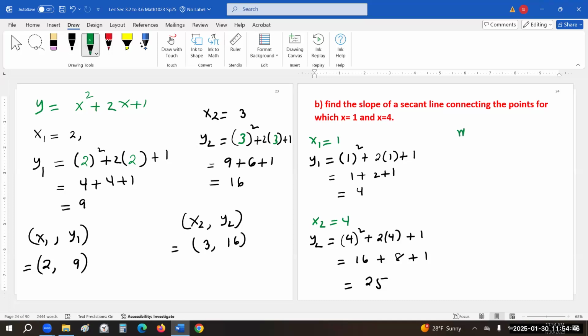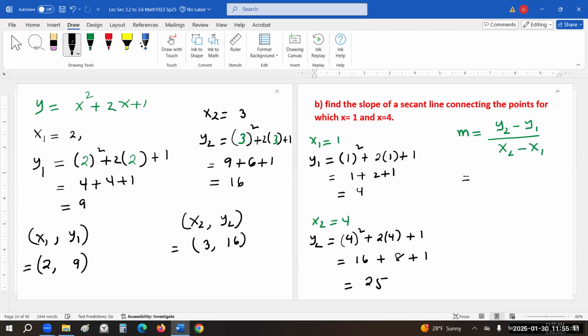And now we can find our slope. Oliver, what's the slope formula? It's y2 minus y1 over x2 minus x1.